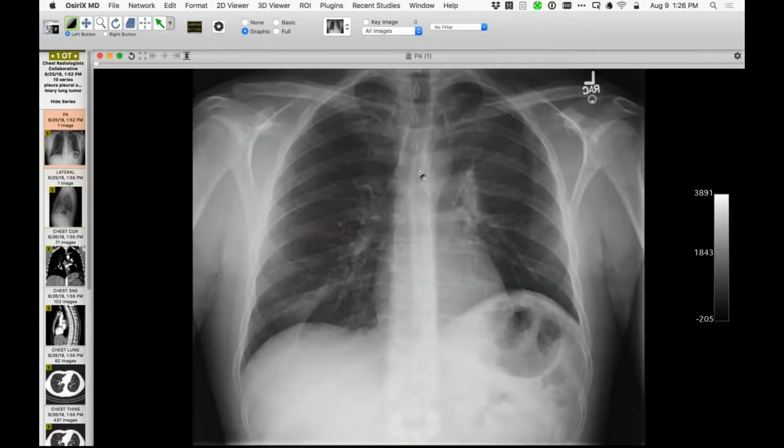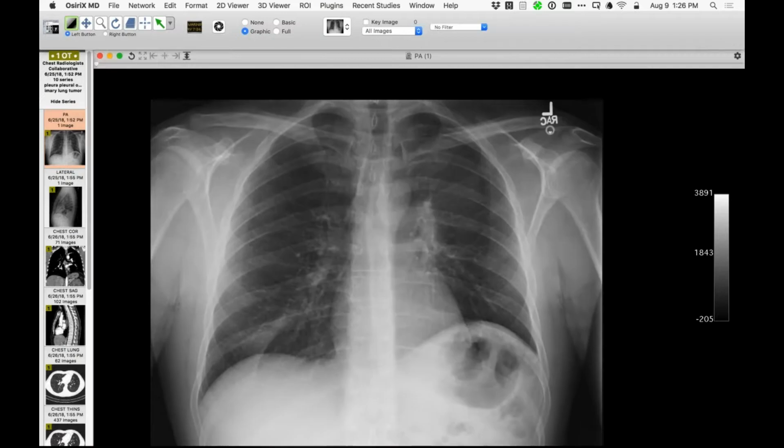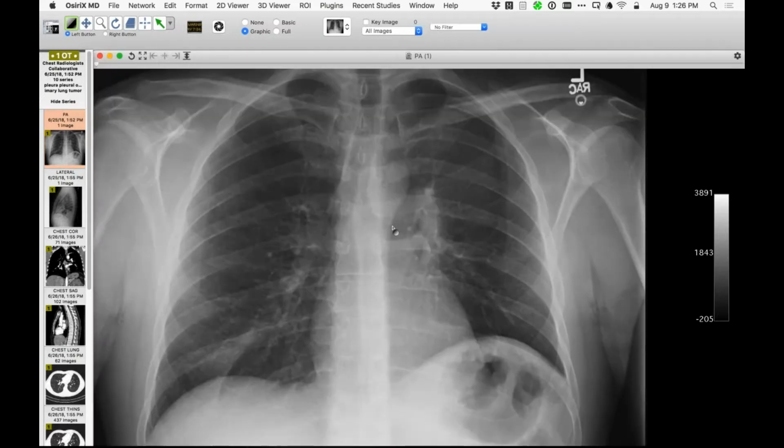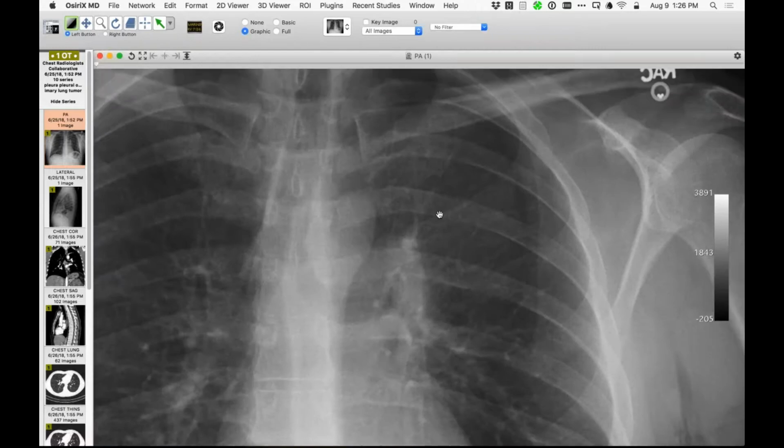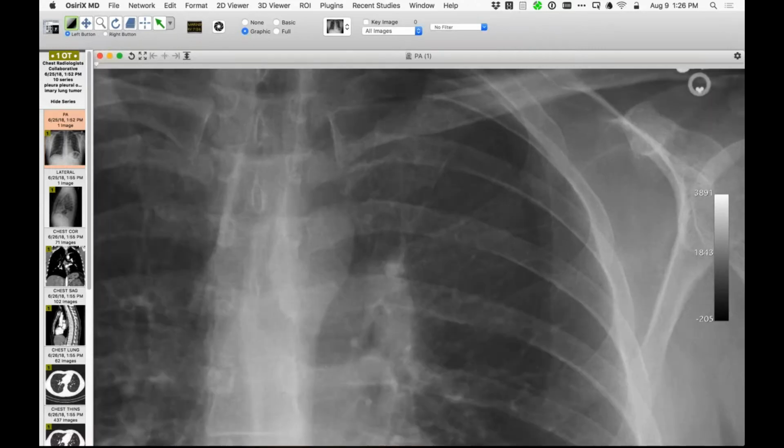Now I'm going to show you something that's really subtle here, but I'm going to show you the CT in a moment that makes it quite interesting. If you look up here as I zoom up, I hope you can see this, there's an interface here, about here to there, that is relatively sharp.